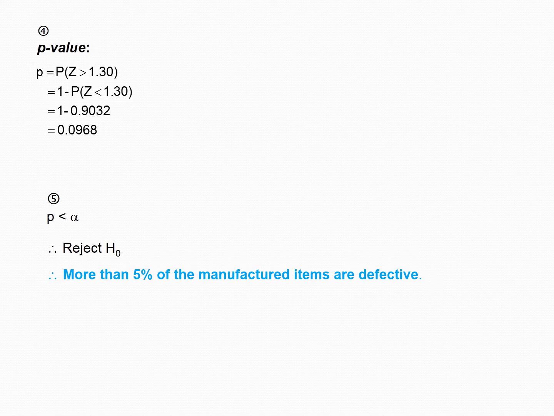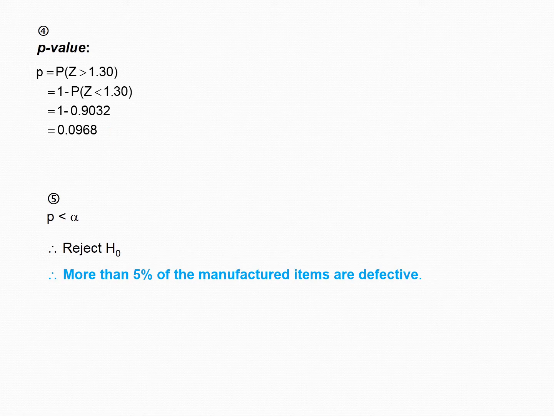We only have the probability values to the left hand side of a positive Z value in our Z table. We can rewrite the p-value as 1 minus the probability that Z is less than 1.30.